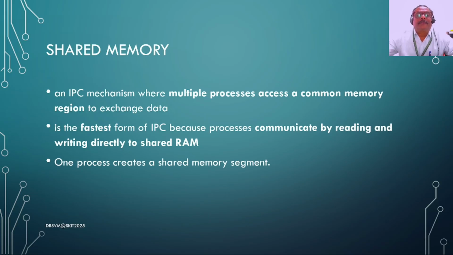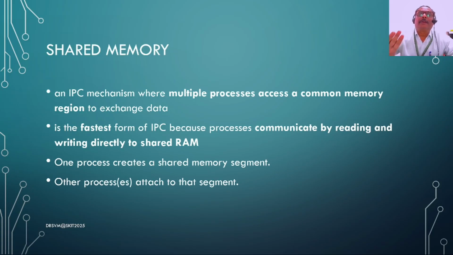Here the first process will create a shared memory segment, and other processes attach themselves to this segment. So the first process, which wants to share information with another process or processes, will create one shared memory segment, and the other processes which want to communicate with the first one attach themselves to this particular segment, and then they start writing and reading from this segment.